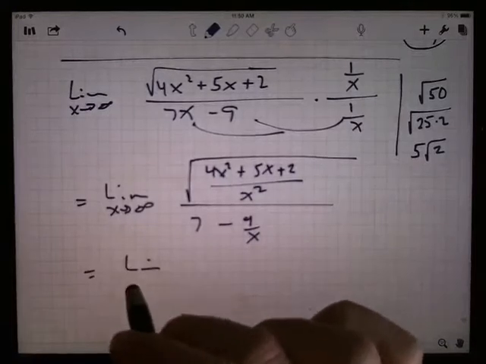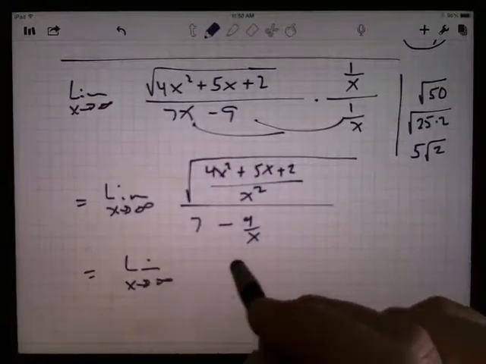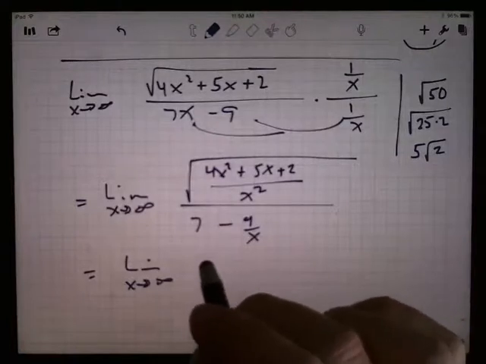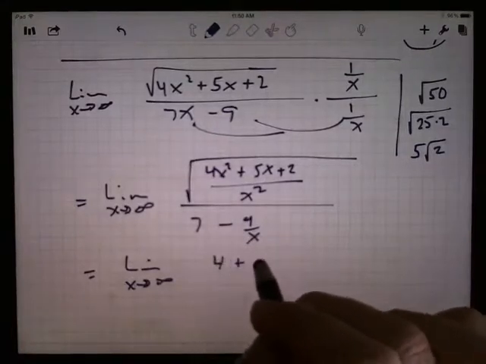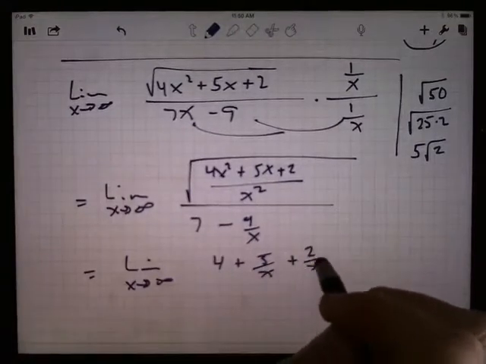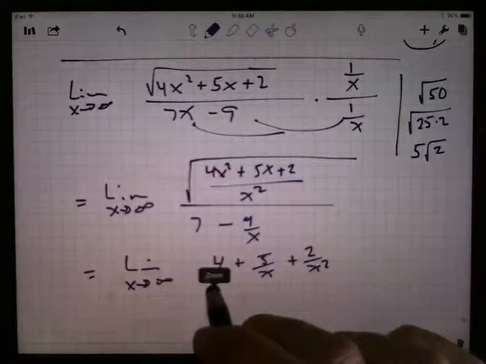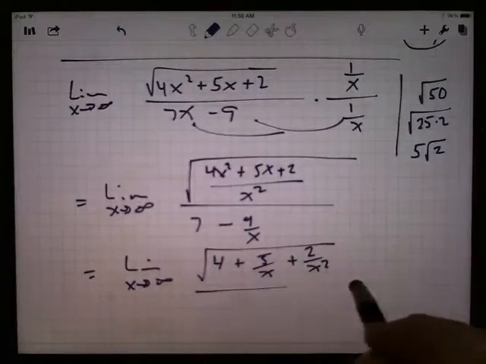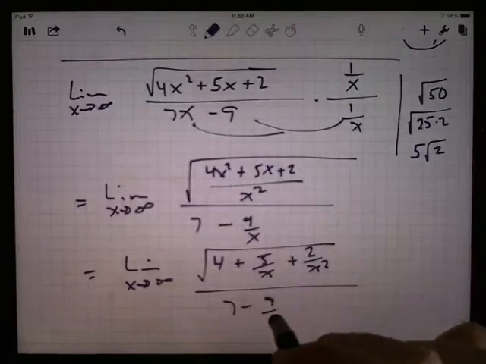So I've got the limit as x goes to infinity of the square root of 4 plus 5 over x plus 2 over x squared, all under the radical, and the whole thing is over 7 minus 9x.